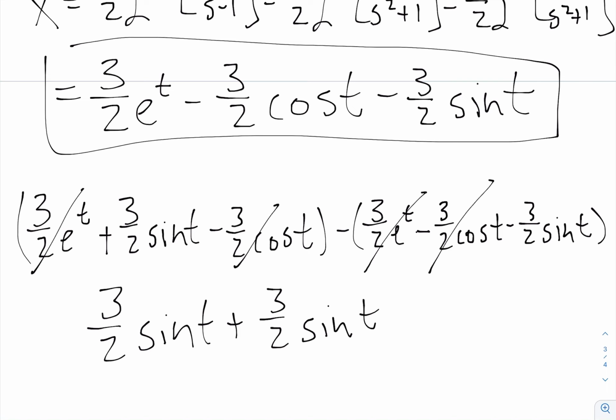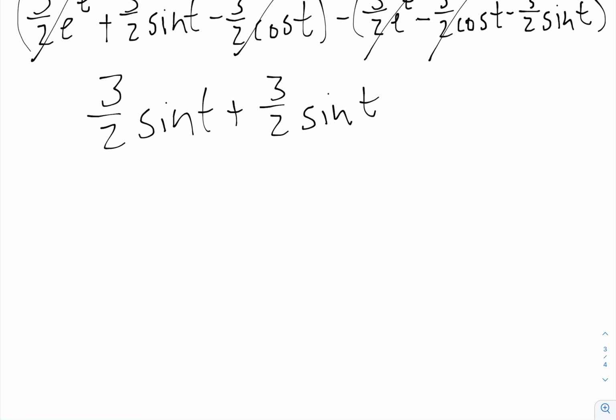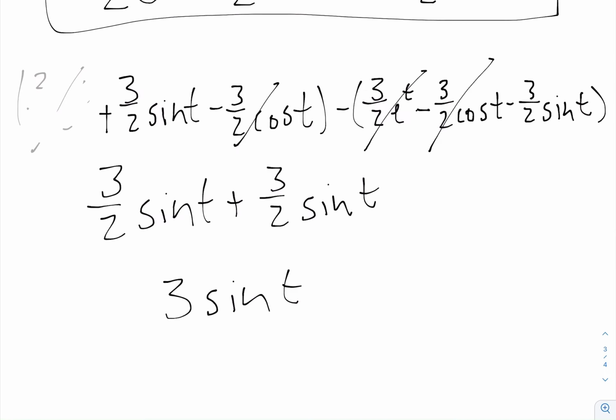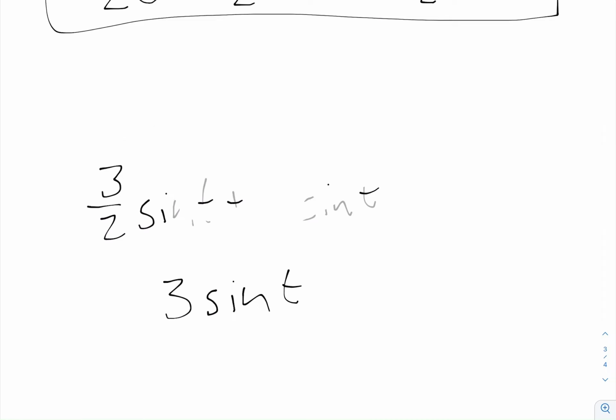It's like negative plus 1. So when we have 3 over 2 plus 3 over 2, this is like 6 over 2. Well, 3 halves plus 3 halves, when 2 halves come together, they become 1, so it's just 3 sine t. So all of our conditions are met, which is great. Always nice to see that after you solve a bit of a lengthy differential equation. Always a good feeling. Makes you feel like you learn more.